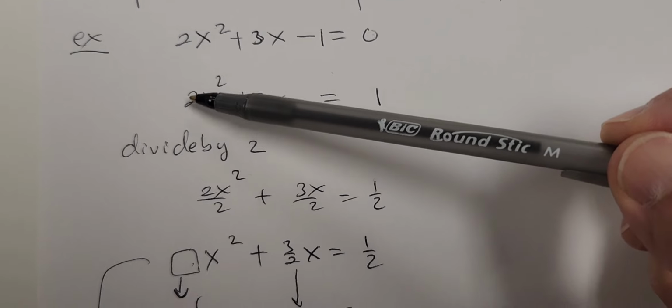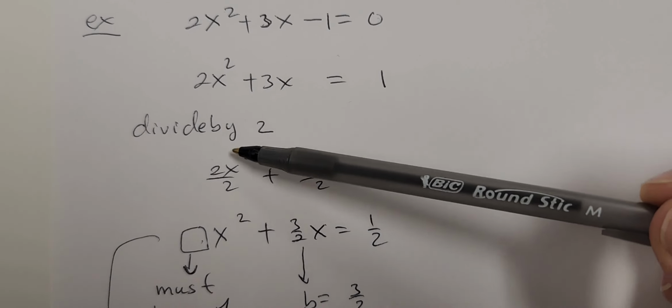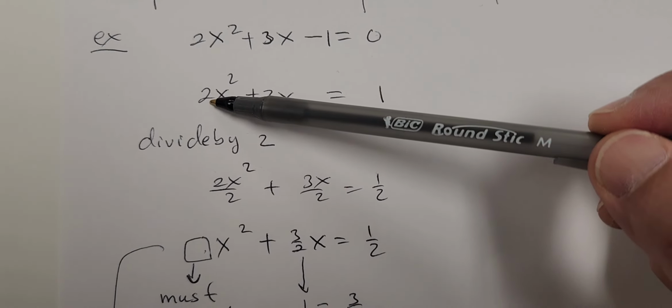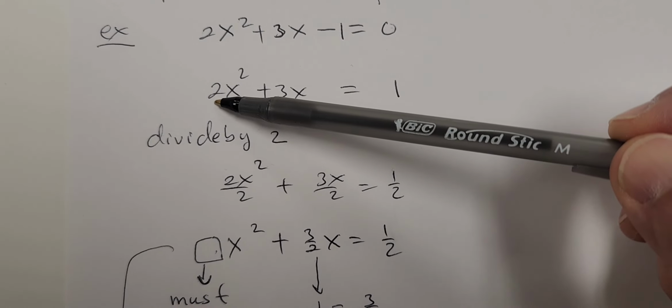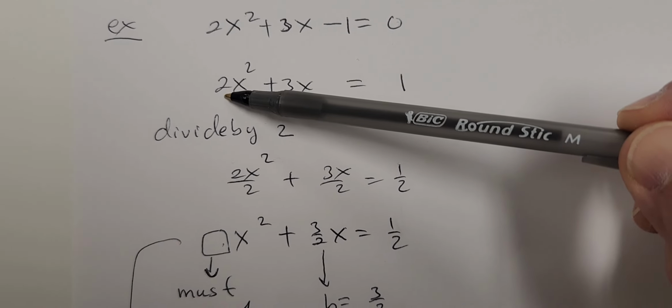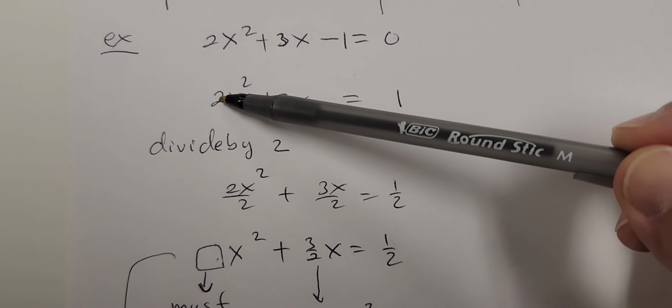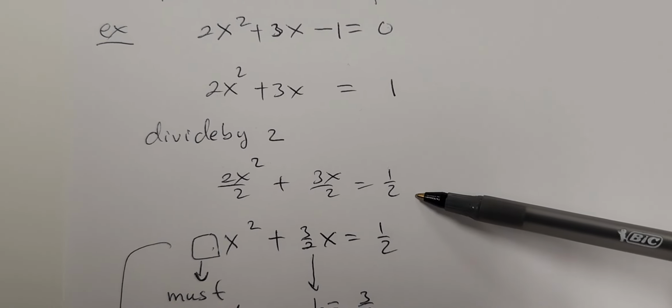Whatever this number is, we take that number and divide it. The reason is we need this to be a 1.